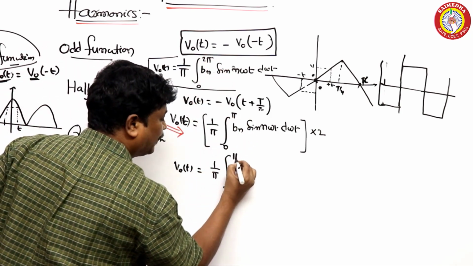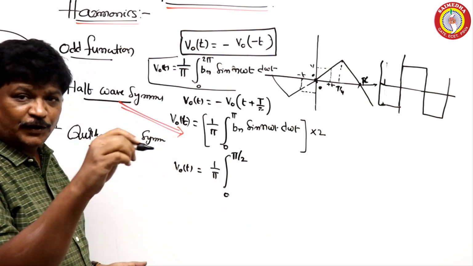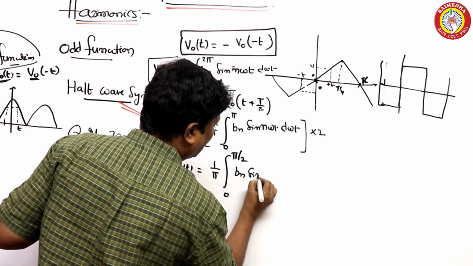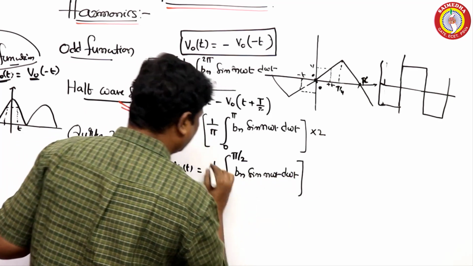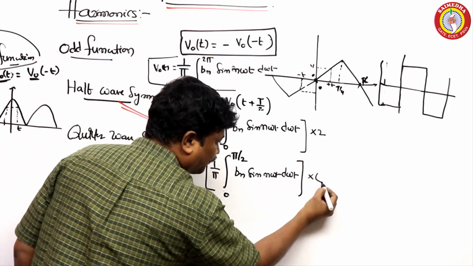Now I am writing only pi by 2 integration. Up to pi by 2, if you do integration, you will get the results. And again Bn sin n omega t d omega t, but the entire expression is multiplied with 4.